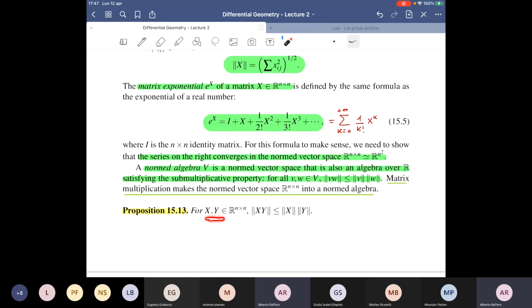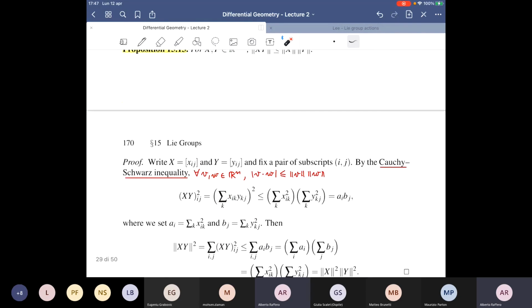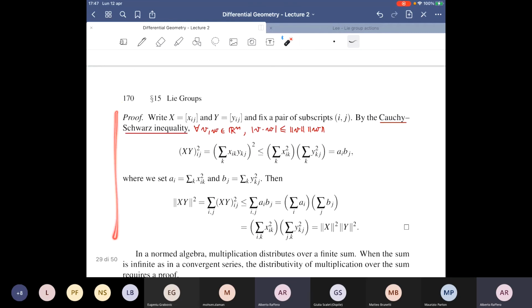So for any pair of square matrices, you have this inequality. This is just a matter of computations in coordinates involving the Cauchy-Schwarz inequality for the scalar product on R^n.